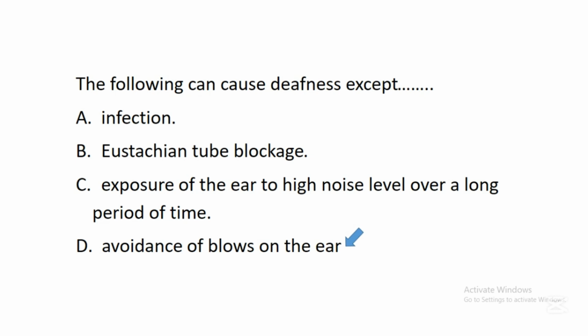So that person can become deaf because of these factors. Even blows on the ear can cause deafness. So when an individual avoids blows on the ear, it will help the ear to remain okay.